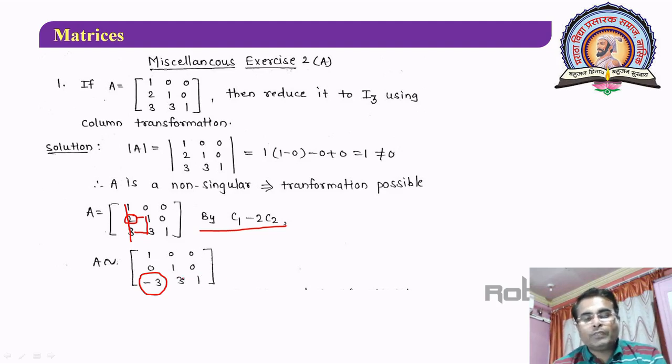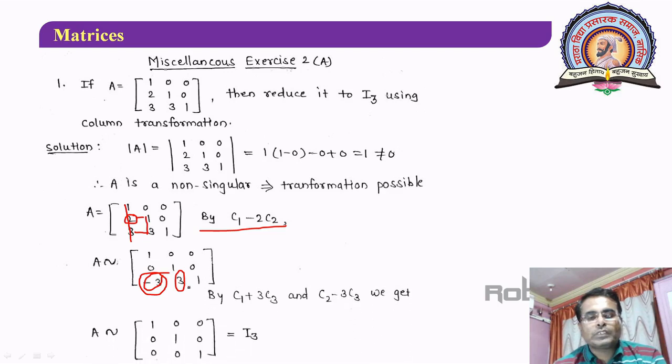Now our next step is to make this element and this element 0, and therefore we have to use the transformations C1 plus 3C3. If you multiply this by 3 and add it here, then that becomes 0, and if that is subtracted here, that becomes 0.